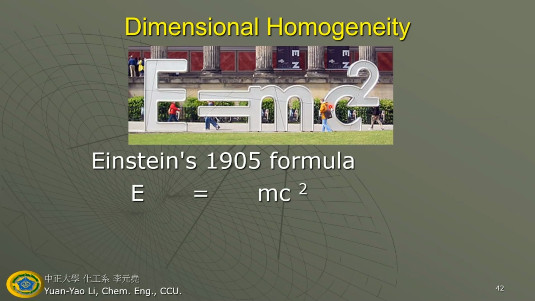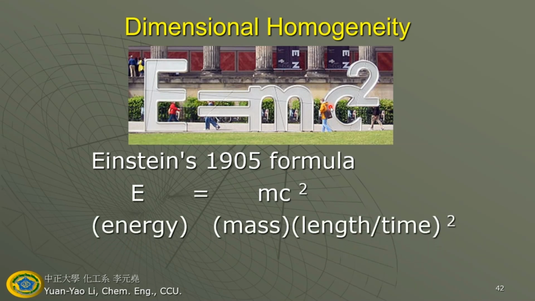So why do you think this equation is right? Why do you think it's right? One way to judge that this equation is probably right is using dimensional homogeneity. What does this mean? Dimensional homogeneity tells you that the dimension on the right will equal the dimension on the left.